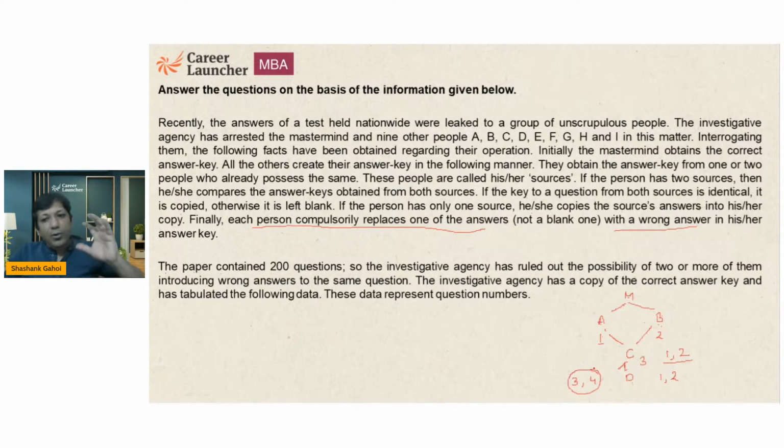So this is how it is happening. In what case can you leave a blank? Either you are receiving answer keys where the answers are mismatched, or you got an answer key that itself has blanks. Then you are going to leave it blank. So this is the whole story.